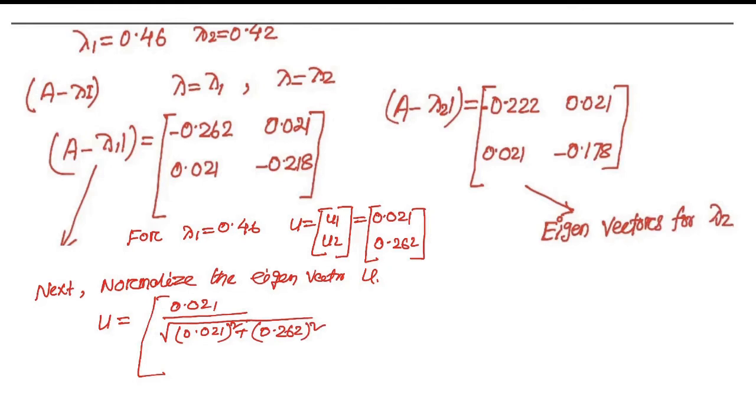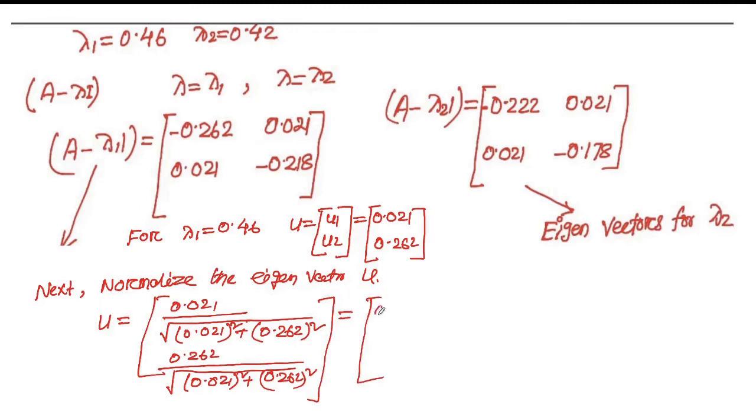Similarly, the second component will be 0.262 divided by the same term, square root of 0.021 whole square plus 0.262 whole square, which gives us the values 0.0798 and 0.9961. So this is the normalized eigenvector.